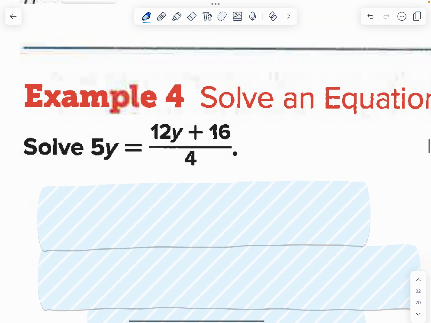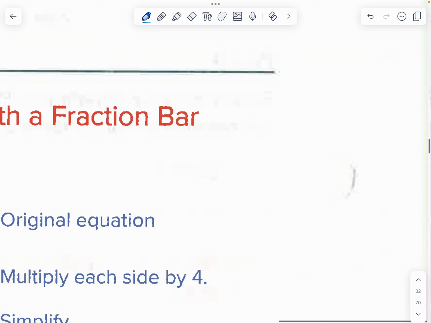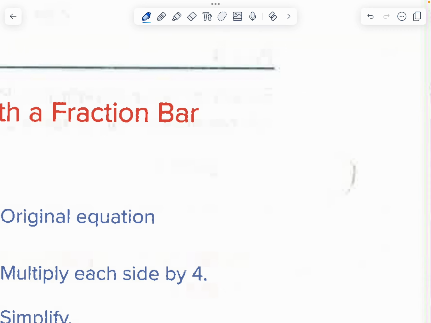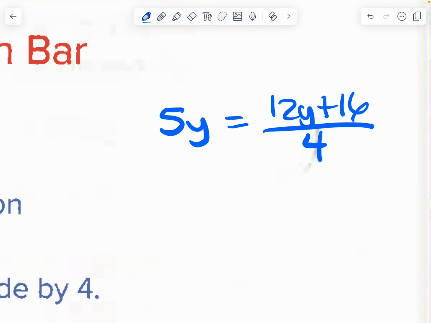Okay, this next one. As I decided, I don't like how they did it, so we're going to write it 5y equals (12y plus 16) all over 4. Okay. And like what we did before, we got to get rid of that fraction. So how do I get rid of that denominator?